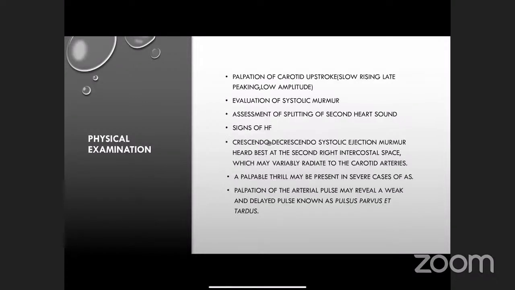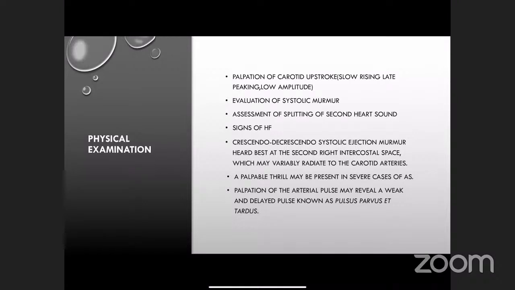So, physical examination: palpation of cardiac upstroke, slow rising, late peaking, low amplitude; evaluation of systolic murmur, assessment of splitting of the second heart sound, signs of heart failure, and crescendo-decrescendo systolic ejection murmur, heard best at the second right intercostal space, which may variably radiate to the carotid arteries.